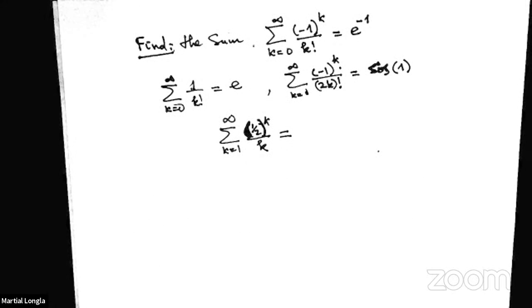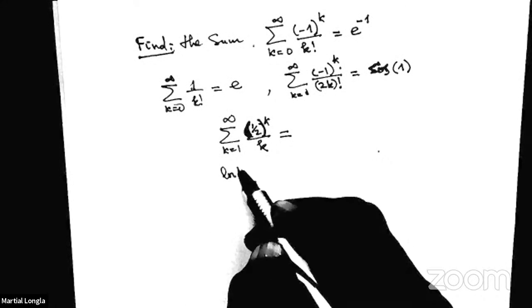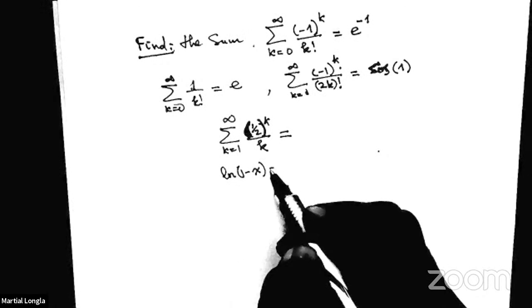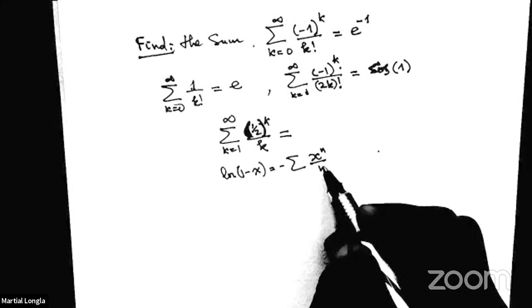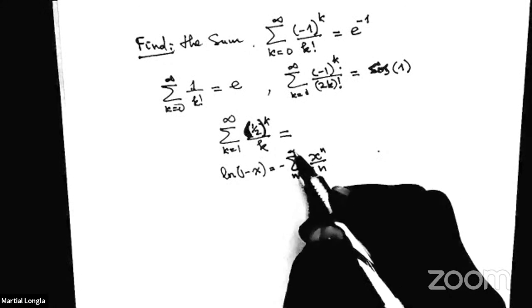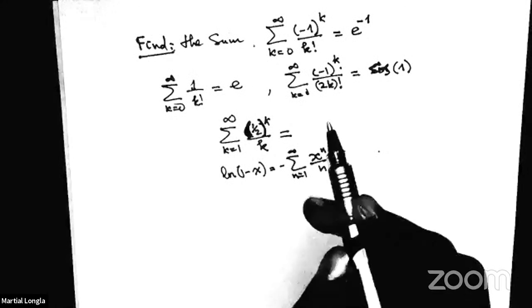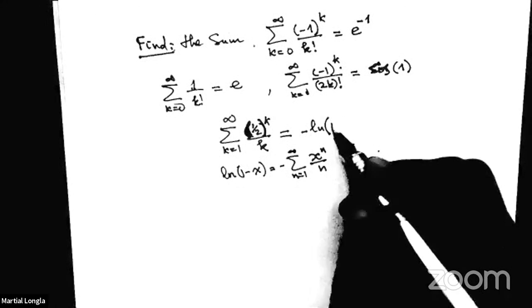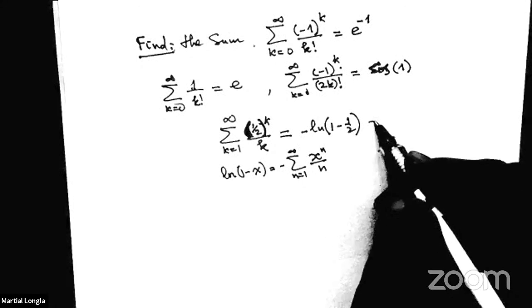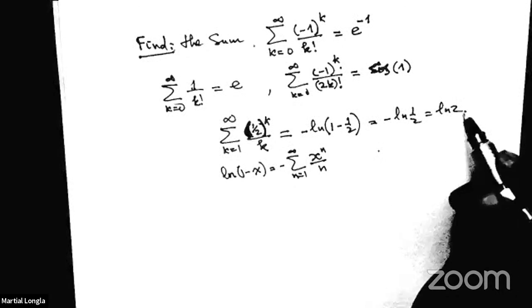Then you would think of what we just got as the series for natural log. We figured that natural log of 1 minus x was negative the sum x to the n over n from 1 to infinity. So this thing here is nothing but negative natural log of 1 minus 1 half, which is negative natural log of 1 half, which is natural log of 2.